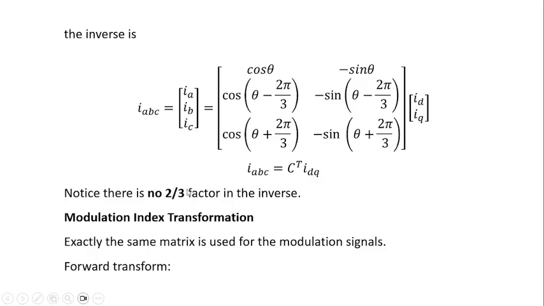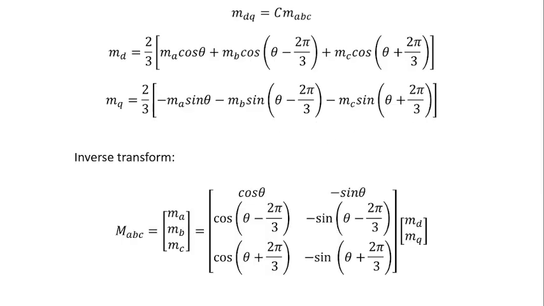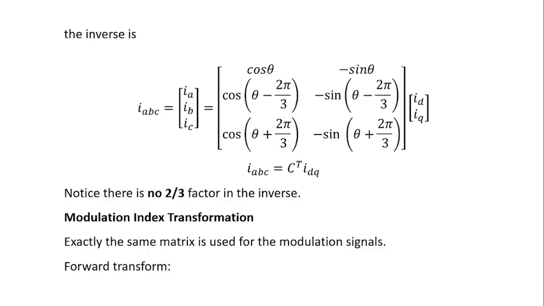Here we find there is no 2 by 3 term, unlike what we saw in current control in the last video. The modulation index transformation is exactly the same matrix as for the modulating signals. The same matrix we are using for transforming DQ to ABC or ABC to DQ for the modulation parameter also.